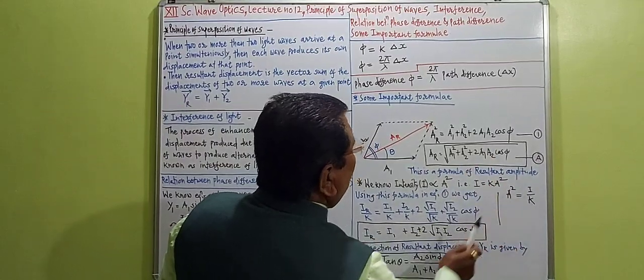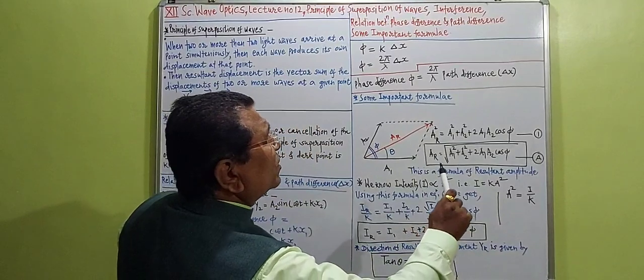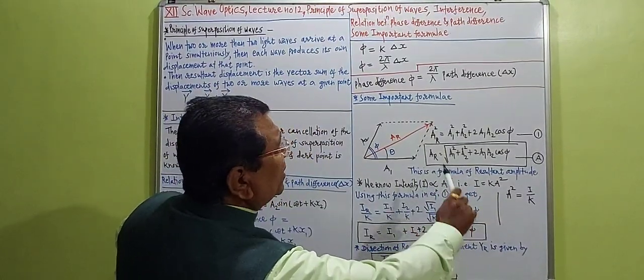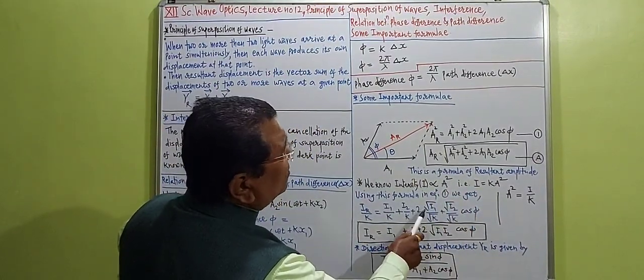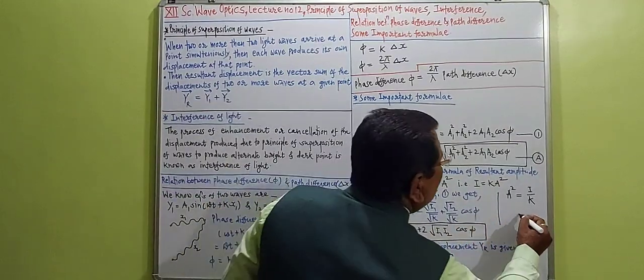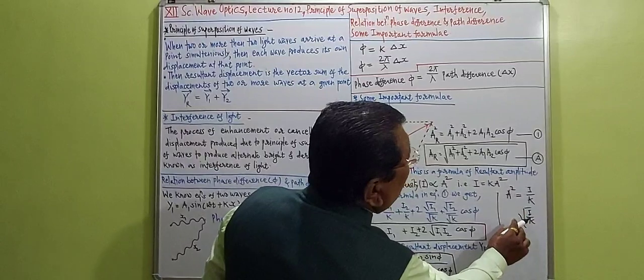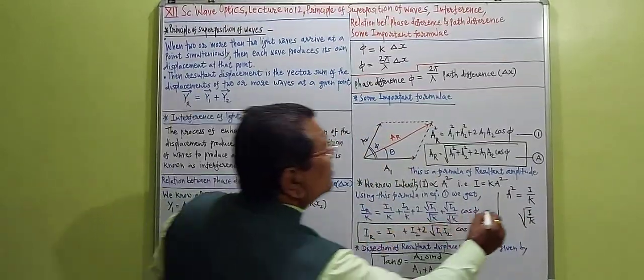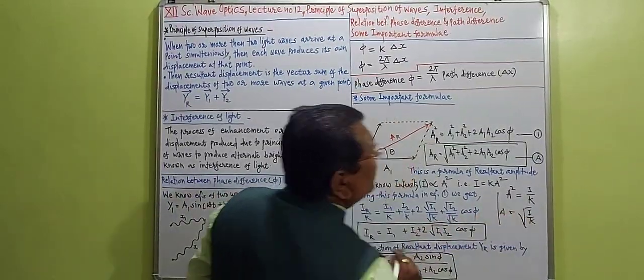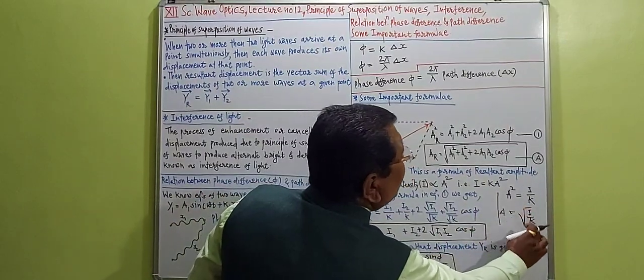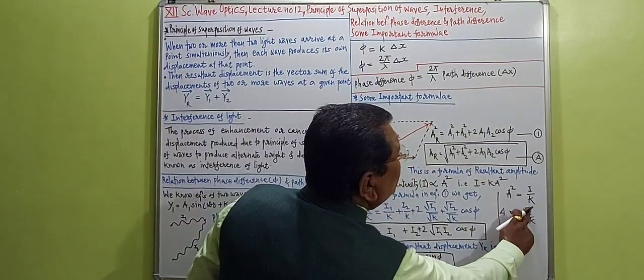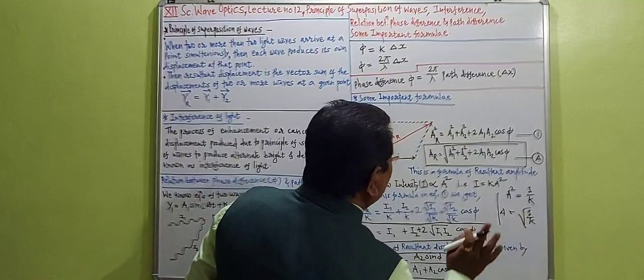Root of I2 upon K. A is equal to root of I upon K, which may be written as root I upon root K separately.